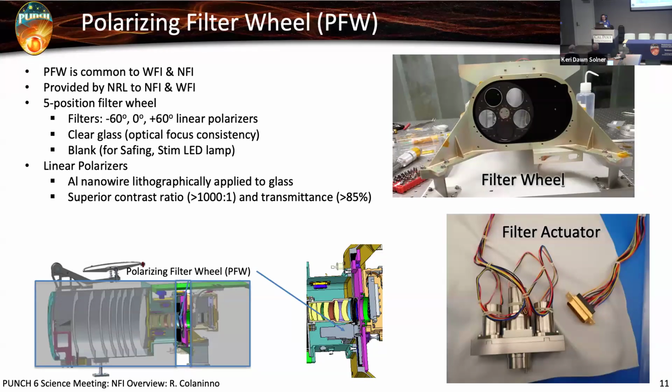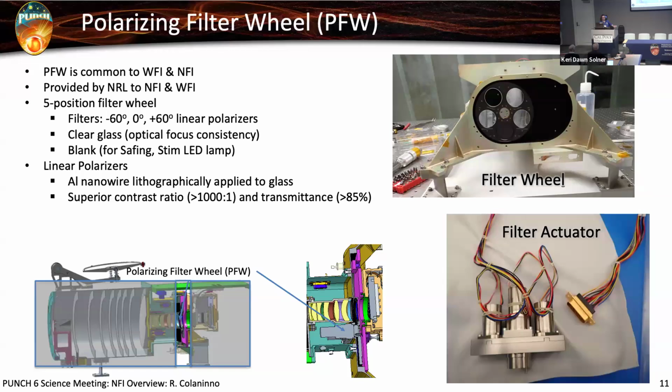Polarizing filter wheel. So both the WFIs and the NIFIs have a filter wheel to provide the polarization, that is putting the P in PUNCH. So it's common to the instruments. At NRL, we built the filter wheels and the actuators for both the WFIs and the NIFIs.